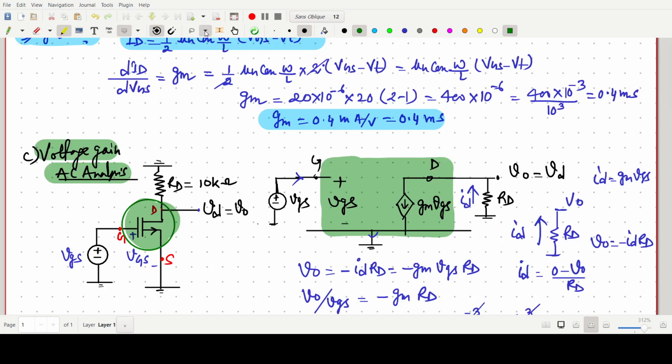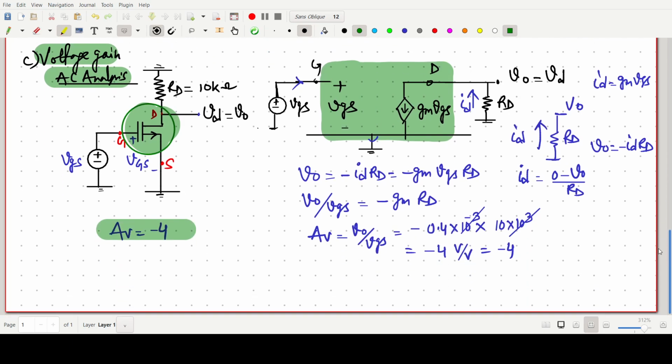Once again, a small VD we have to find. A small VD is nothing but simply we have to find the V naught value. So VD is nothing but simply minus GM VGS RD.